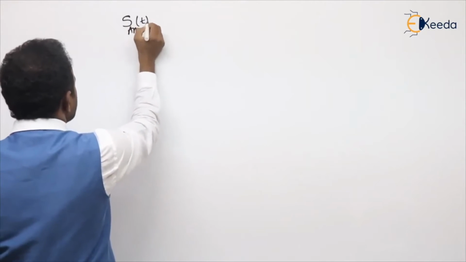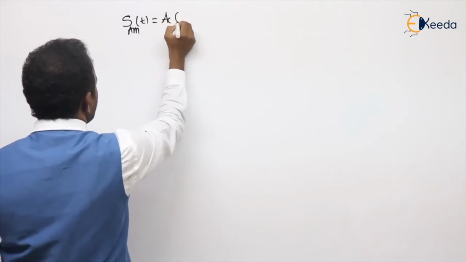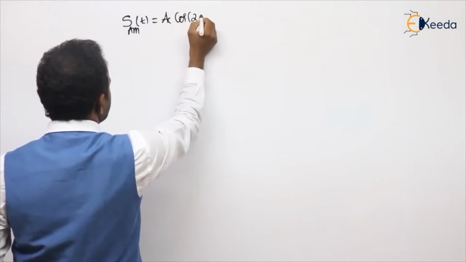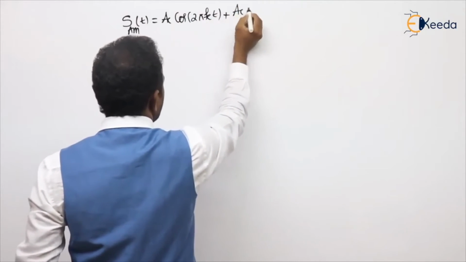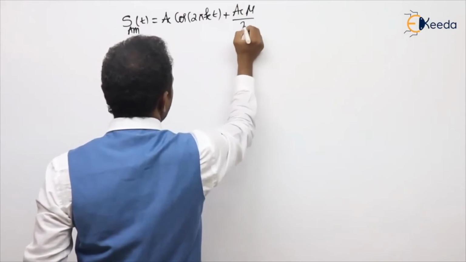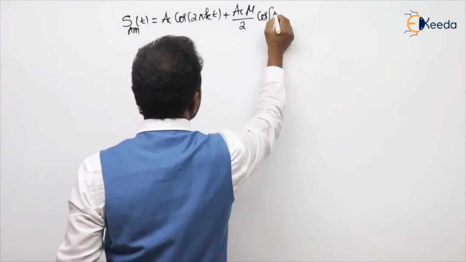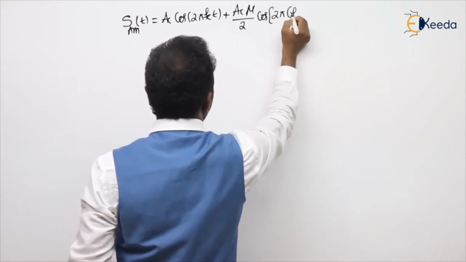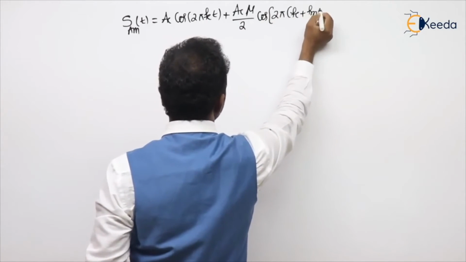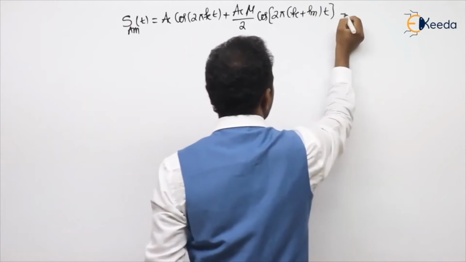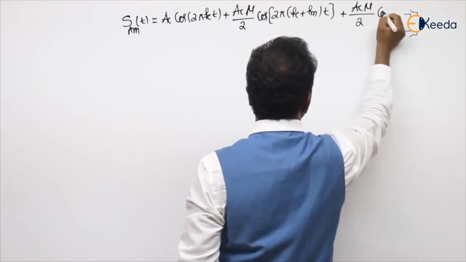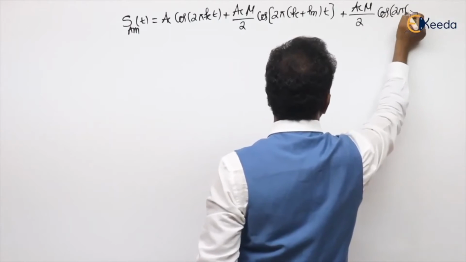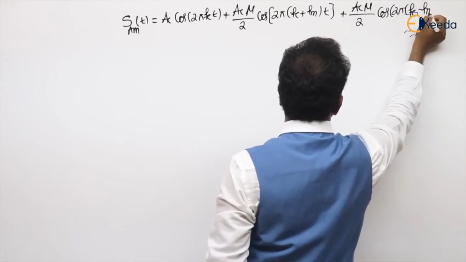The single-tone expression for AM is Ac cos 2π fc t plus Ac μ/2 cos 2π(fc + fm)t, plus Ac μ/2 cos 2π(fc − fm)t.